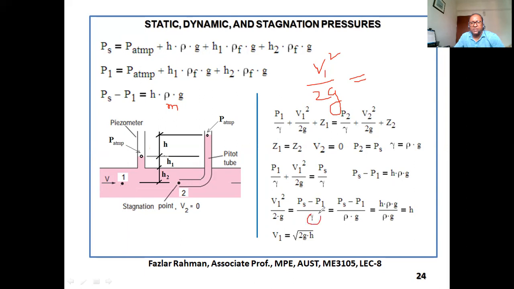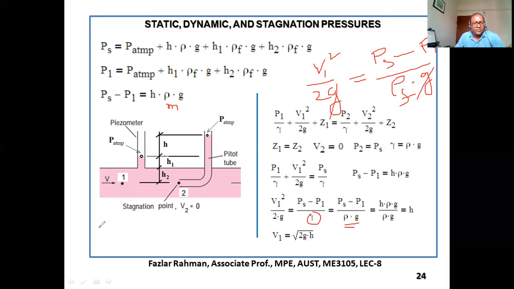Right? This gamma, they put rho M. This gamma is of the flowing fluid. So this will be equal to PS minus P1 divided by rho F, flowing fluid, times g. Okay. Now this g will be out.